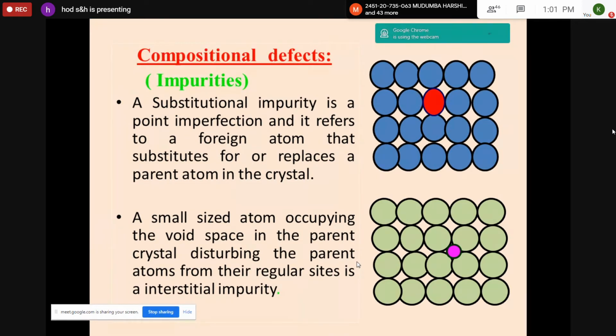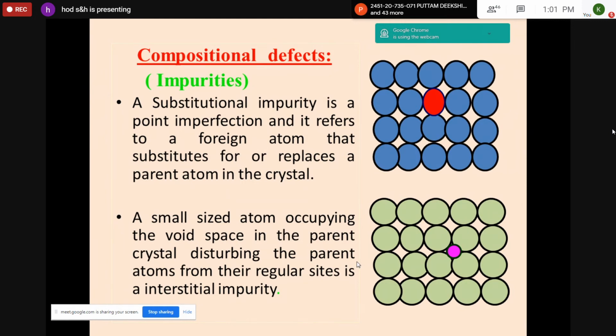Both are small-sized atoms and come under zero-dimensional defects only, but this is the difference. In the first case, if the foreign atom occupies a regular position in the lattice, it is called a substitutional impurity. If an atom occupies an irregular position or void space, then it is called an interstitial impurity. So these are the two categories of compositional defects or impurities. You take these two diagrams.